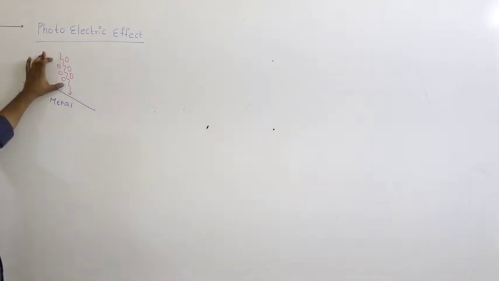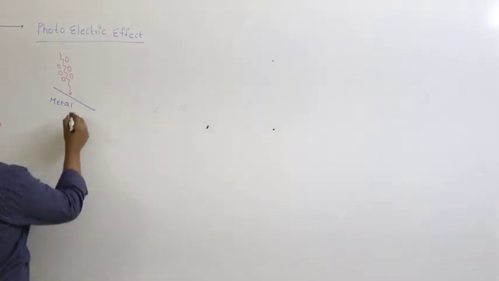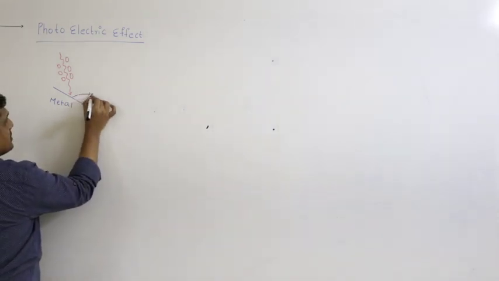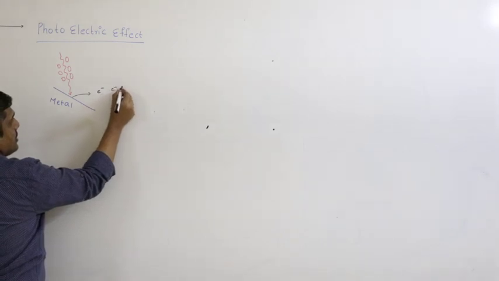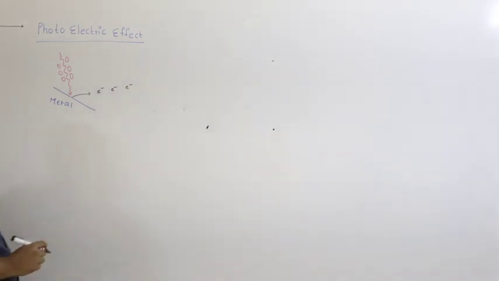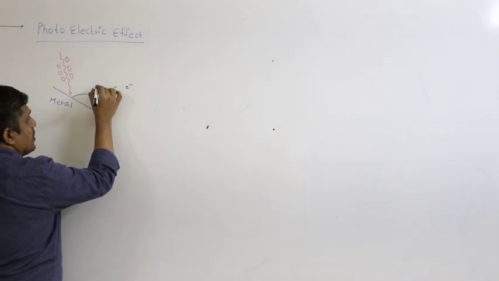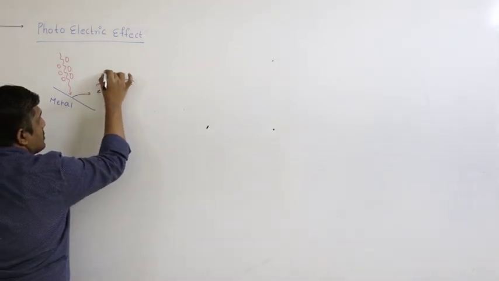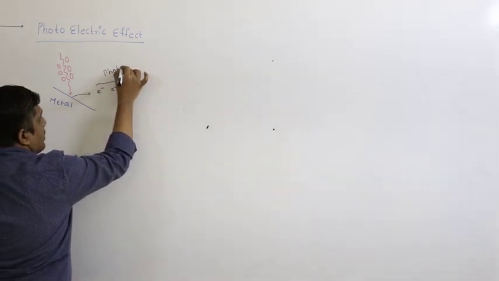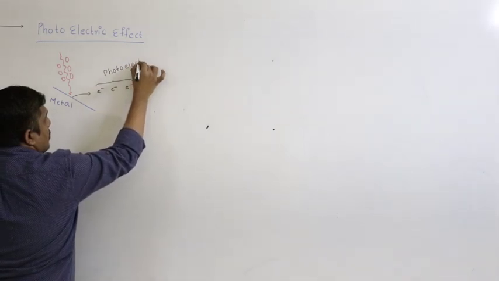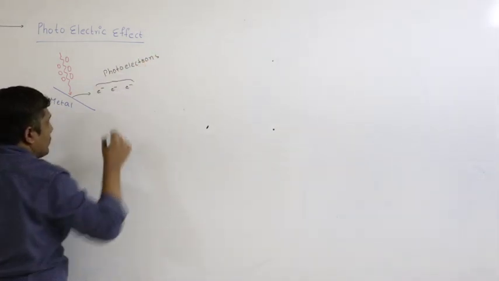When light radiation of suitable energy falls on metal surface, electrons are ejected from the surface. This process we call it as photoelectric effect. The emitted electrons we call them as photoelectrons.